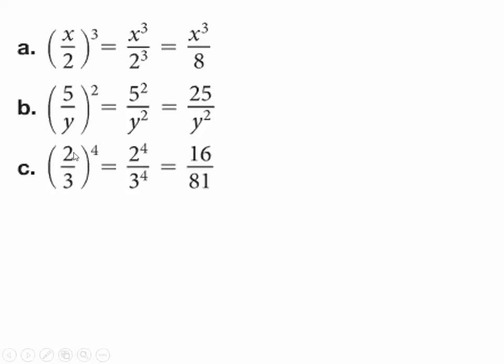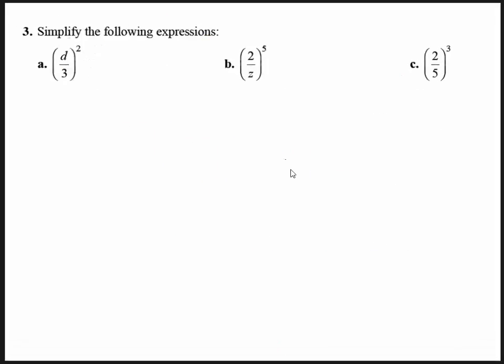Alright, and it goes, hey, there's a 2/3 to the 4th. I got it. Okay, so instead of doing that, I could just say 2 to the 4th, 3 to the 4th, and then I simplify this by itself, simplify this by itself, and done. Okay, good there? Alright. All yours.